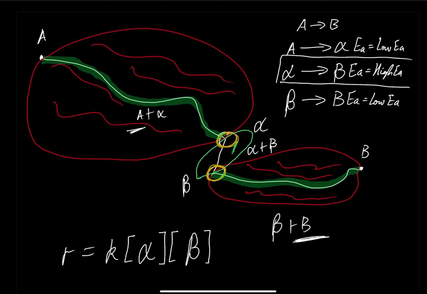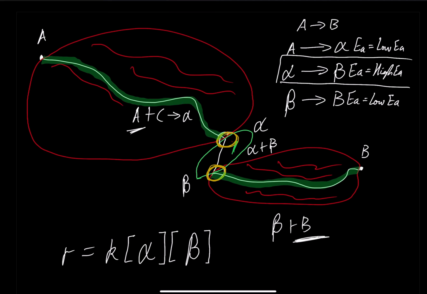I'm really messing this up, and I'm really sorry, guys. I'm not making the best examples here, because technically it's anything from here to get to alpha. So what I meant to say was A reacting with something, let's call it C, to form alpha.